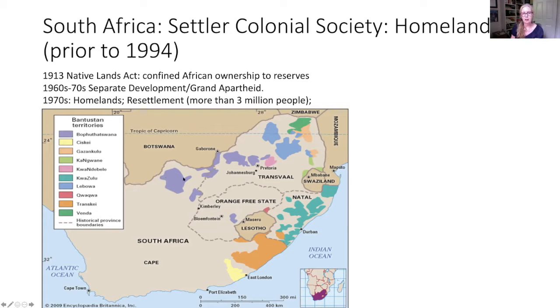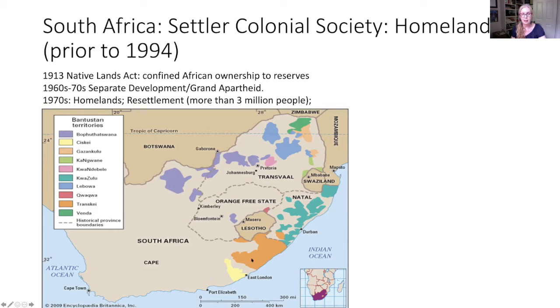But of course, none of these lands were consolidated, because the point of these lands was that they were not to be on good land. So if you drive through the Ciskei or the Transkei even today, which are now incorporated as part of South Africa, no longer independent homelands as a result of the end of apartheid, you can see the differences.